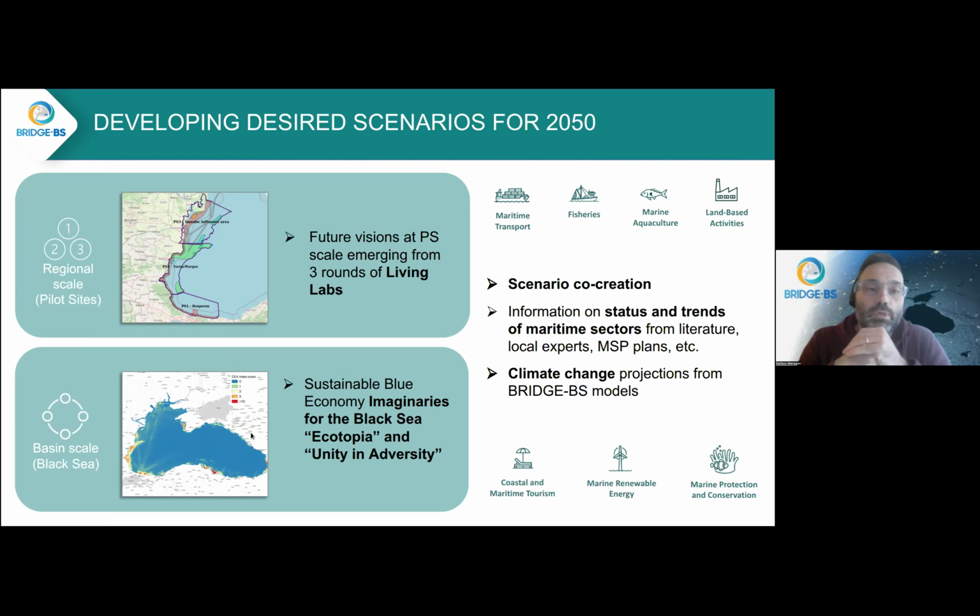So we have co-created these scenarios. At the same time, we developed two main future scenarios for the wide basin scale, based on the sustainable blue economy imaginaries, which we call Ecotopia and Unity in Adversity.